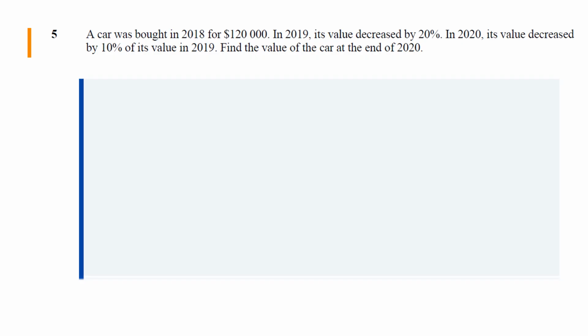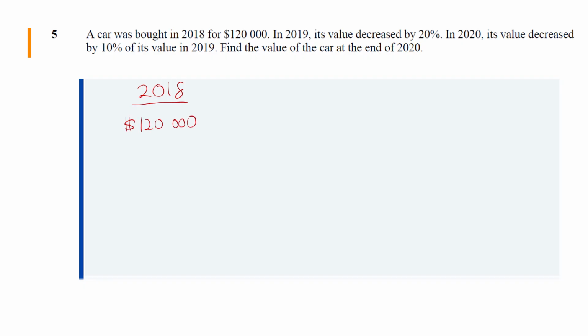To solve such questions, we need to be very systematic. We do not jump from 2018 to 2020. Basically, we need to find the values year by year. So let's start off by having 2018, where the price is 120,000.